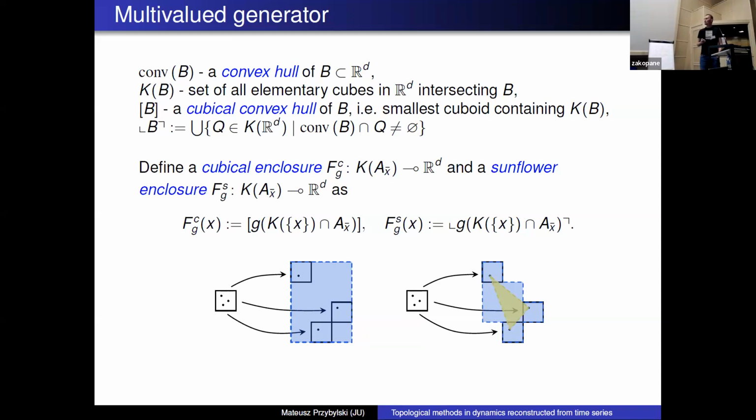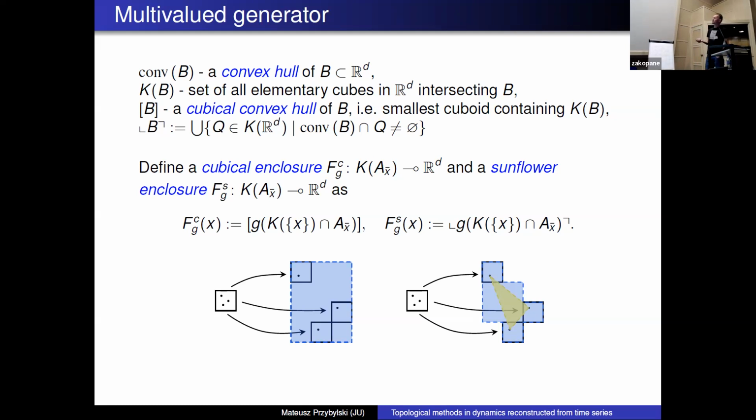But there's a problem with overestimation. As you can see on that figure here, we added a lot of cubes. And if we add a lot of cubes, then we probably lose nice dynamical phenomena from our map. So we need to find better values for the multi-valued map.